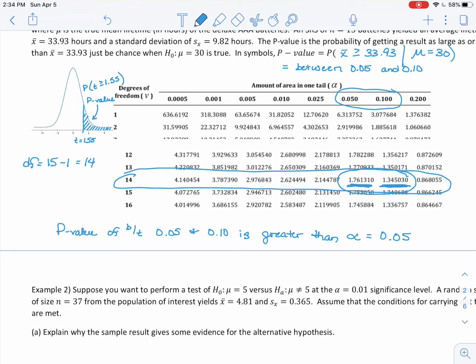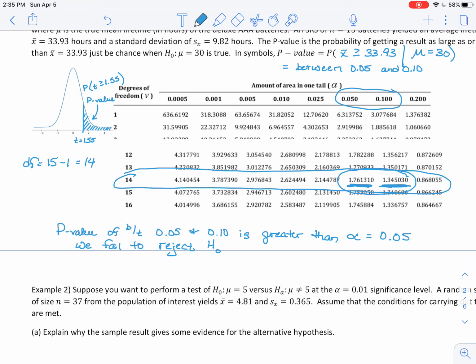This will happen with just sampling variability. So it's not uncommon. We're not going to reject the null hypothesis. We still think that could be the center because this test statistic happens between 5 and 10% of the time just by chance. So because it's greater than that, we are going to fail to reject the null.